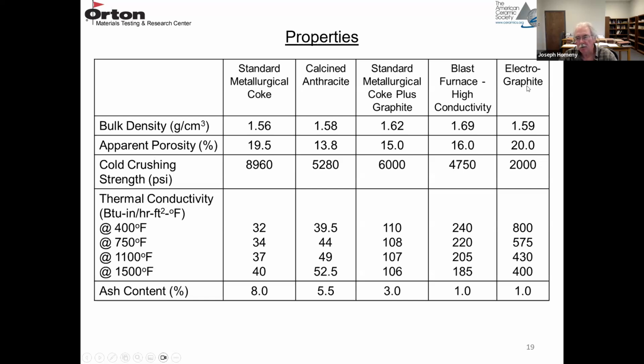And then the high purity material, highly graphitized, starts out at about 800 and drops to about 400. And then the ash contents, these last two materials are pretty high purity. The ash content's only about 1. And then these other materials are 3, 5.5, and 8. And that's in percent.